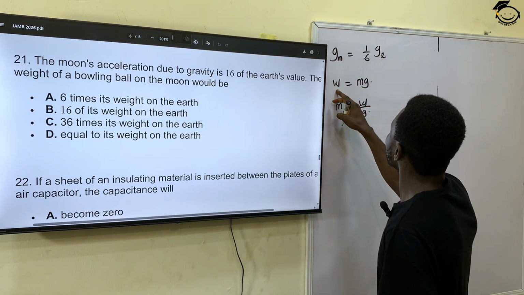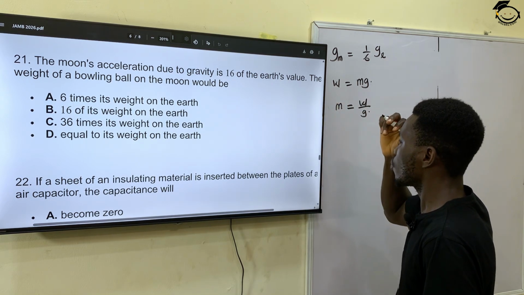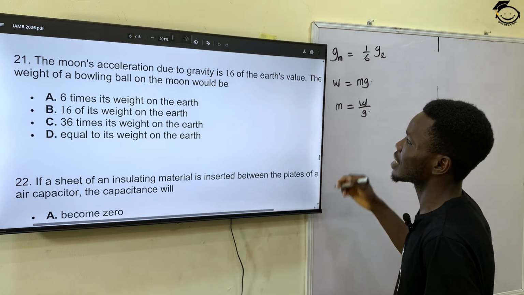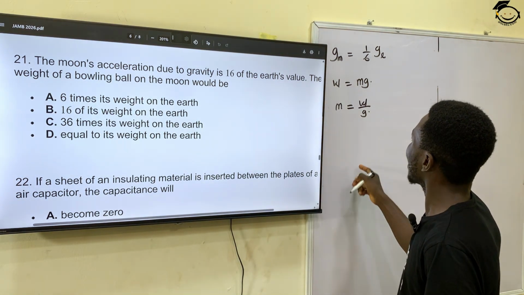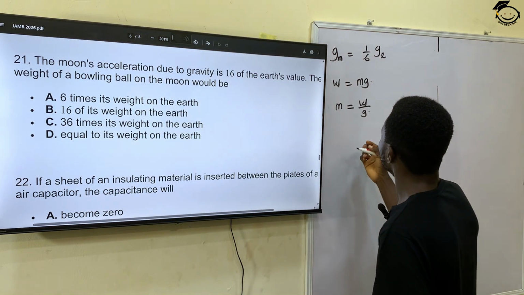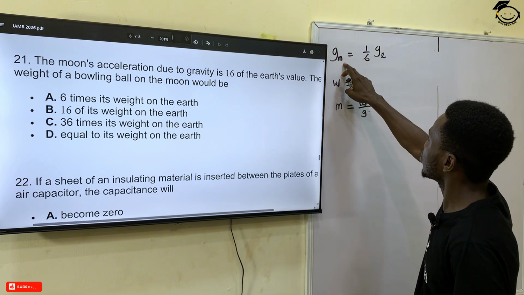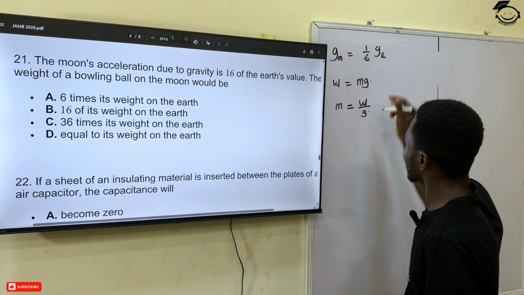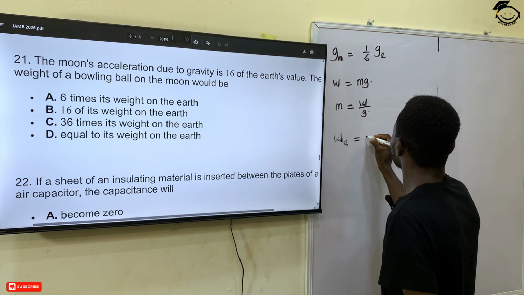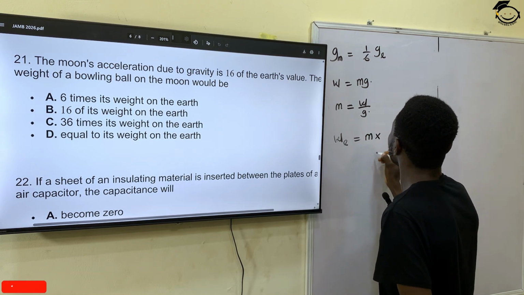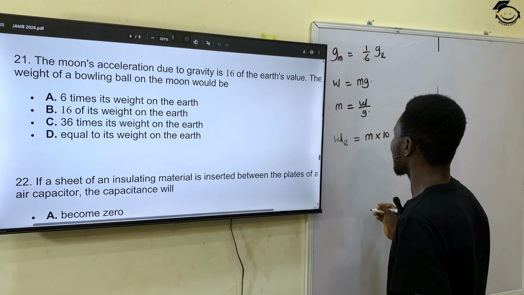So if the weight of an object on Earth is a particular value, they are asking us what will be its weight on the moon. So comparing it to that of the Earth, how do we do that? We already know that the acceleration due to gravity of the moon is 1/6 that of the Earth. It means that the weight on Earth is equal to the mass times the acceleration due to gravity of the Earth, which is 10 in this case.